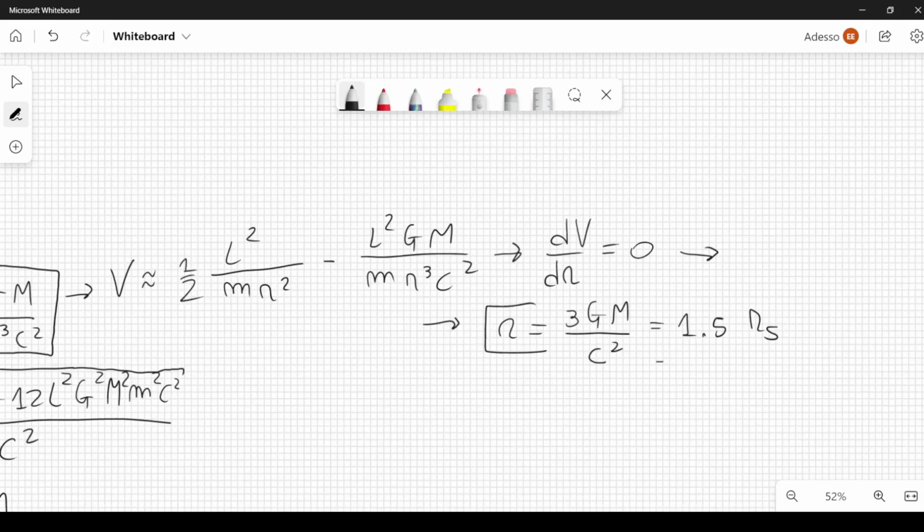So for light you get something different from before. It means that light has a different critical radius. This means that light cannot orbit around the mass with a radius smaller than 1.5 times the Schwarzschild radius. But this is still smaller than 3 times the Schwarzschild radius, which is the limit for objects with a mass, in this case planets.